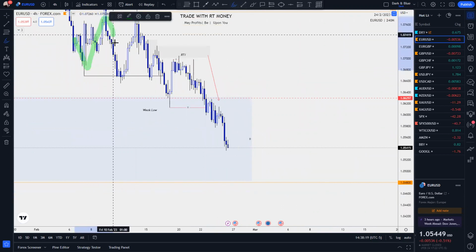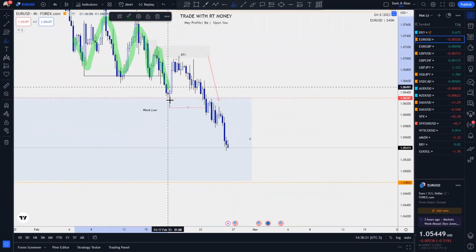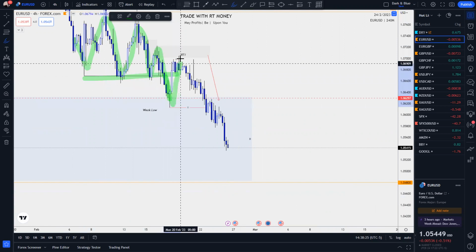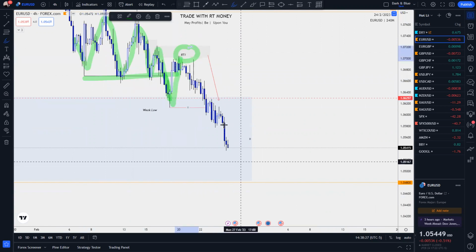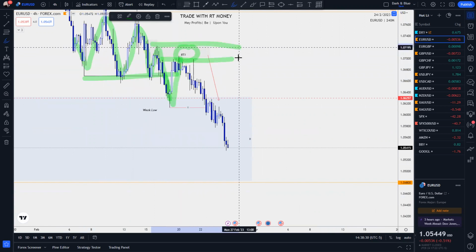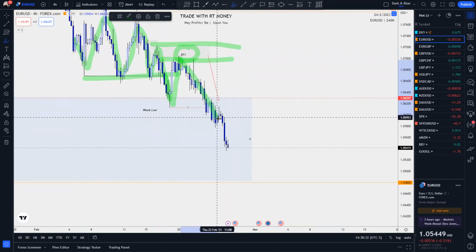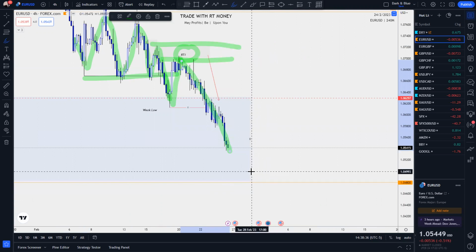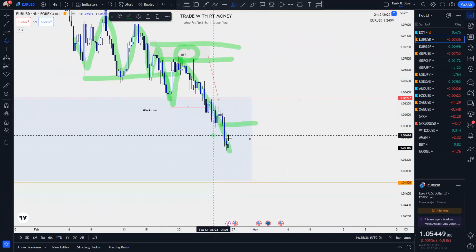We made this low here, and we finally broke that low with a candle body break and close. Pulled back up for the RTI, the return to impulse at this supply zone, and we fell very nicely from here. Again, we have an impulsive move that left a fair value gap here.